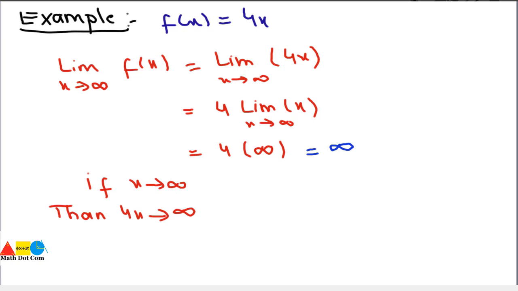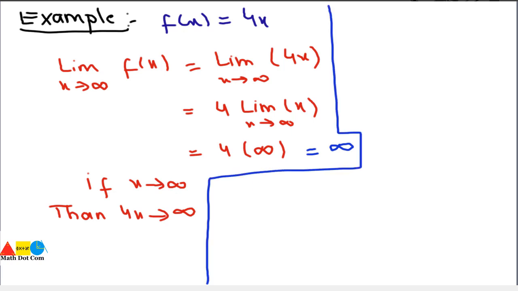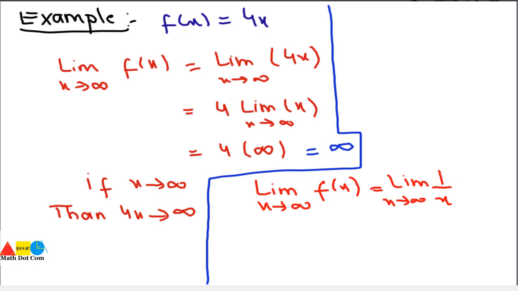So we have come across two things at the end. If you have a function like the limit of x approaches infinity of 1 over x, you will get 1 over infinity and it will be equal to 0.